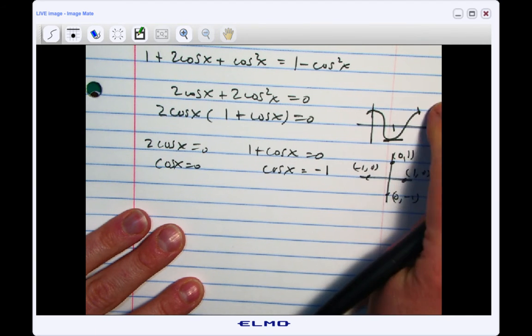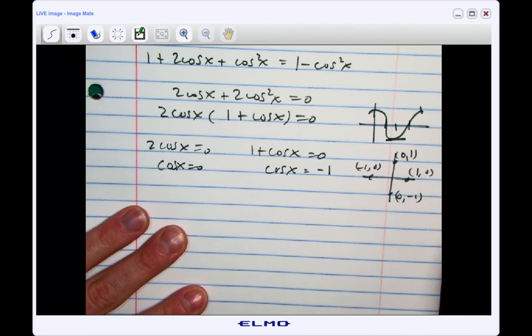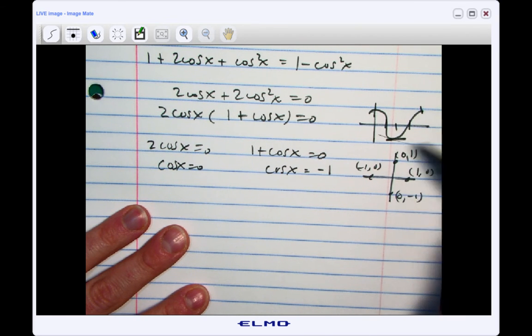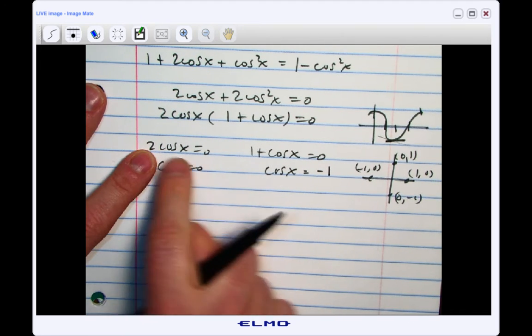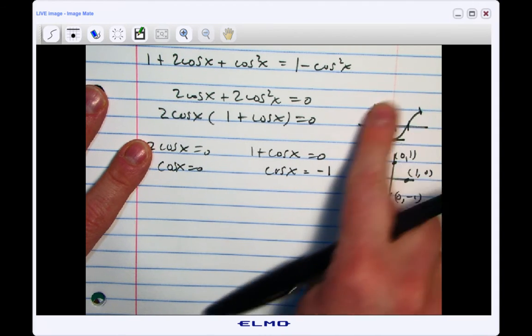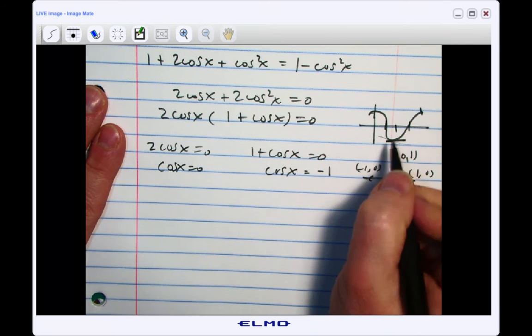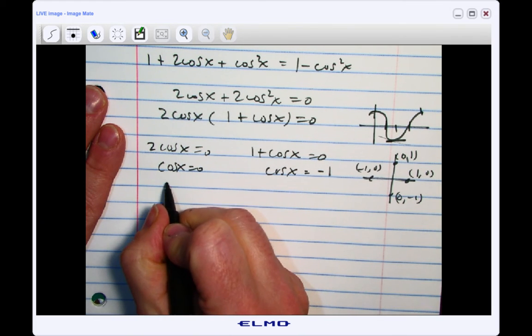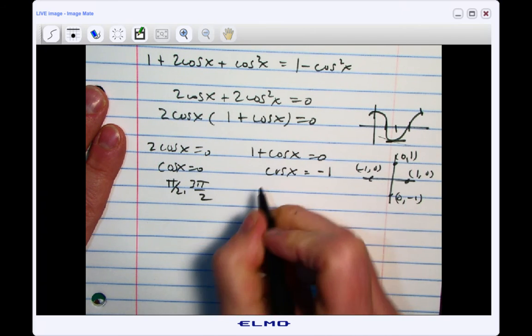And these are the 0, so that's pi over 2 and 3 pi over 2. So again, some people always go to this, and some people always go to this, whichever one helps you more. So since both of these have a period of pi, I know that really I'm looking at all the solutions between 0 and 2 pi. So I'm looking at this one and this one. So that one's pi over 2 and 3 pi over 2. And then I'm looking at this one, and that one is pi.